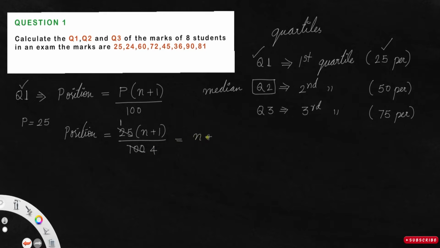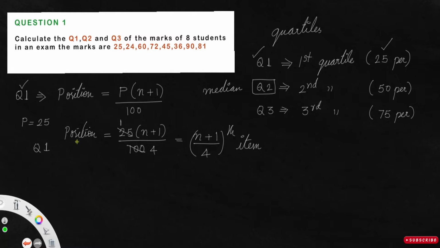So the first quartile will be the n plus 1 by 4th item, since it is the 25 percentile. Now, before writing anything, we have to rearrange this data in the ascending order.